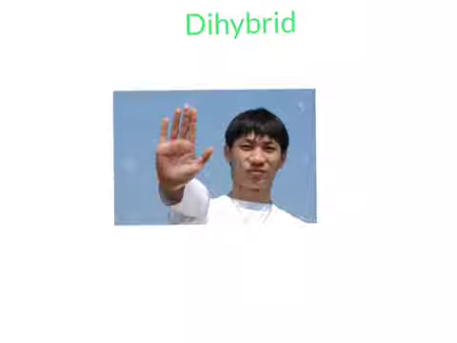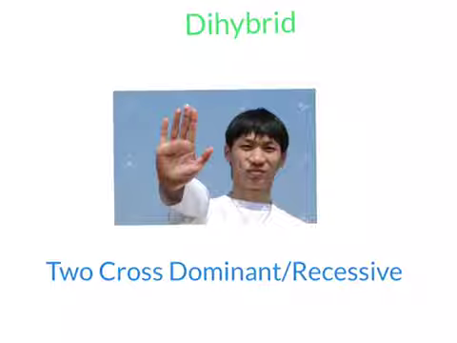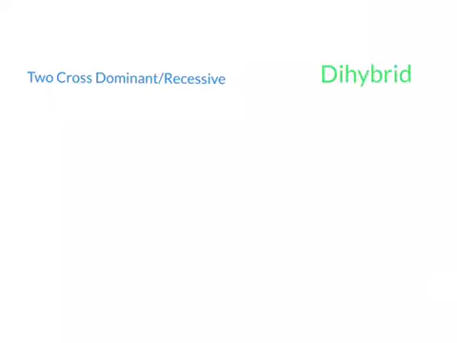Wait, stop, Sean. How am I supposed to tell the difference between a dihybrid cross Punnett square and a simple two-trait dominant recessive Punnett square? Now careful, this isn't your average dominant recessive two-trait Punnett square.